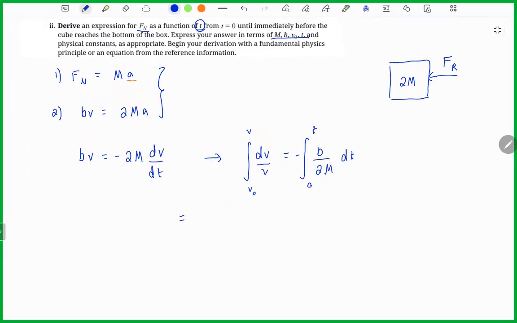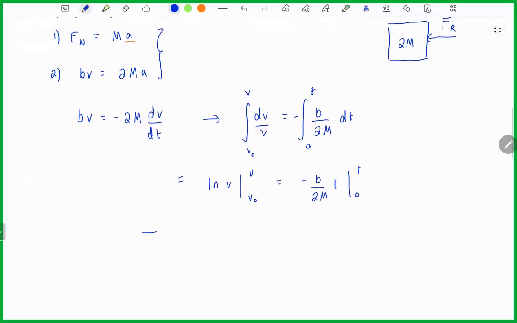So what this gives me is that ln v evaluated from v naught up to v is equal to negative b over 2m t evaluated from 0 to t, which tells us that ln v over v naught is equal to negative b over 2m t.